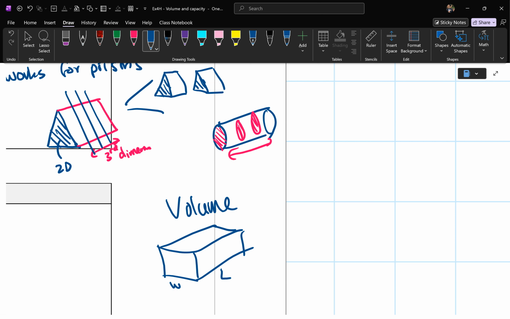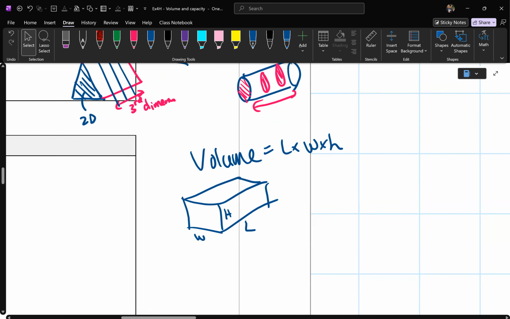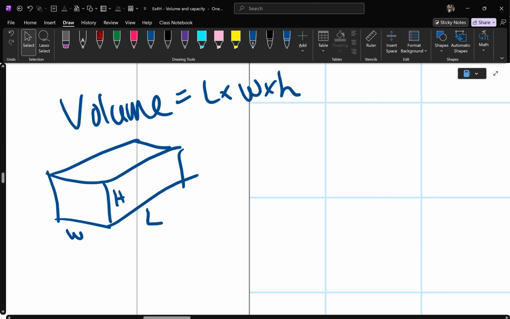Length times width times height. This is the one formula that for some reason, even if I ask what's the volume of a sphere, I still hear kids tell me length times width times height. Because it gets drilled so much that they just memorize that. But they actually don't understand what's actually happening here. If you actually look at the formula, have you noticed?